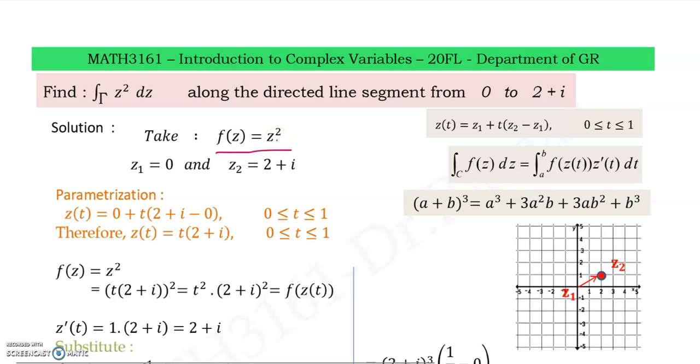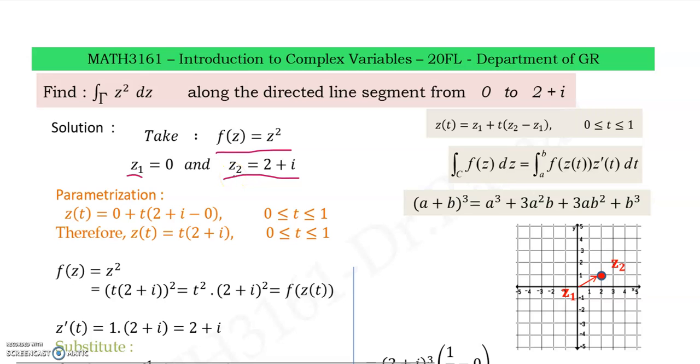Okay. Now from the question we can see our directed line segment starts from where? That starts from 0. So now the starting point you give the name z1. So z1 is 0. z2 is 2 plus i. Okay. So now we have written f of z from the given question and we have given the names z1 for the starting point 0 and z2 for the ending point 2 plus i.